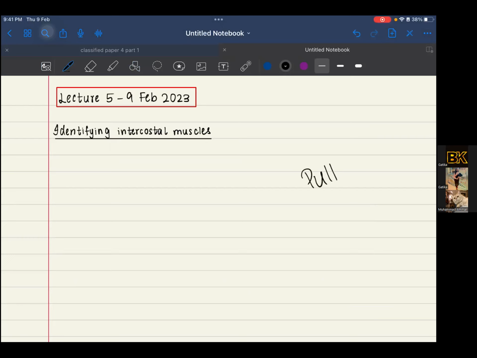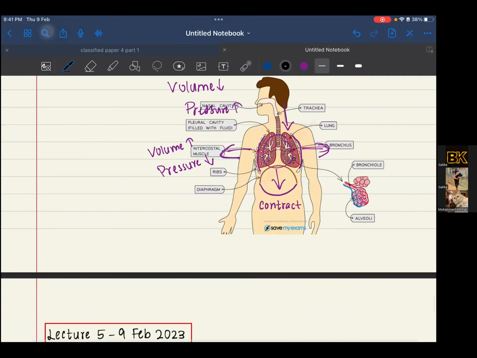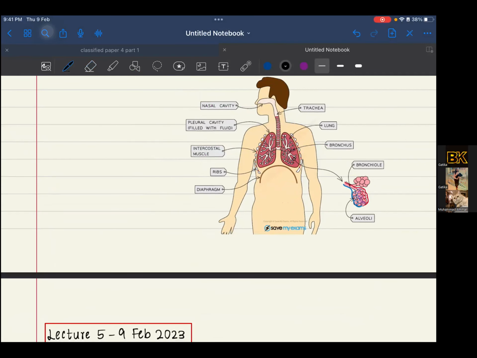They cannot push. They don't have that ability to push. Suppose the intercostal muscles pull the lungs. When they pull the lung, what will happen to the volume? Pulling means they're pulling from both the sides, so the volume will increase, right?